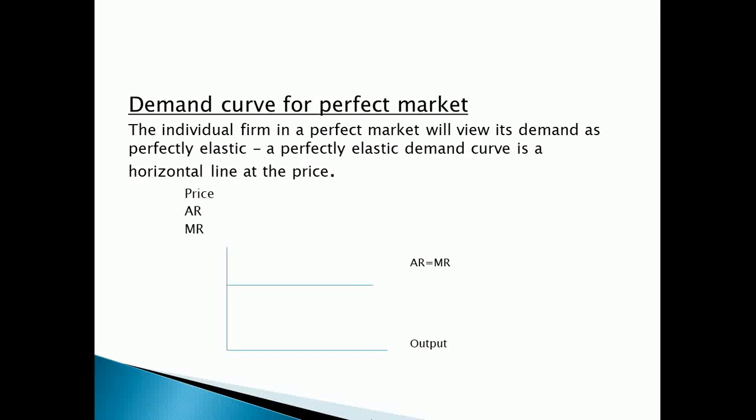This is the result of such a situation. And in such a situation, the equilibrium condition in the market is the output level at which MC equals MR. MC cuts MR at that point. That is the profit maximization condition of a perfect market.